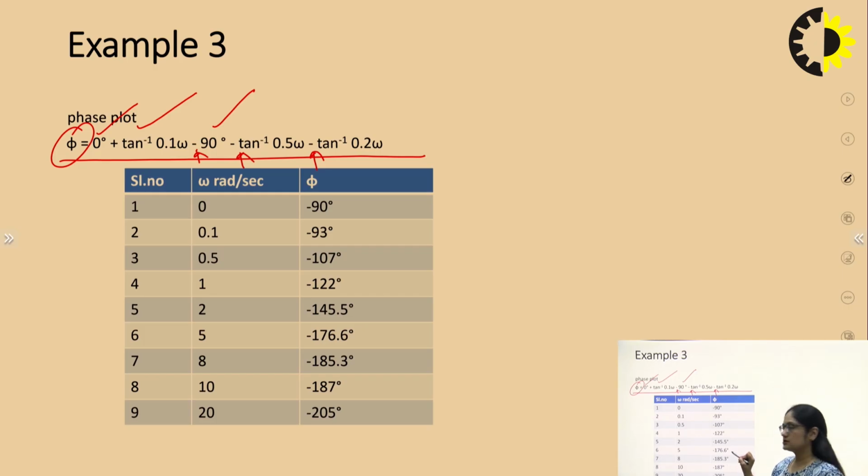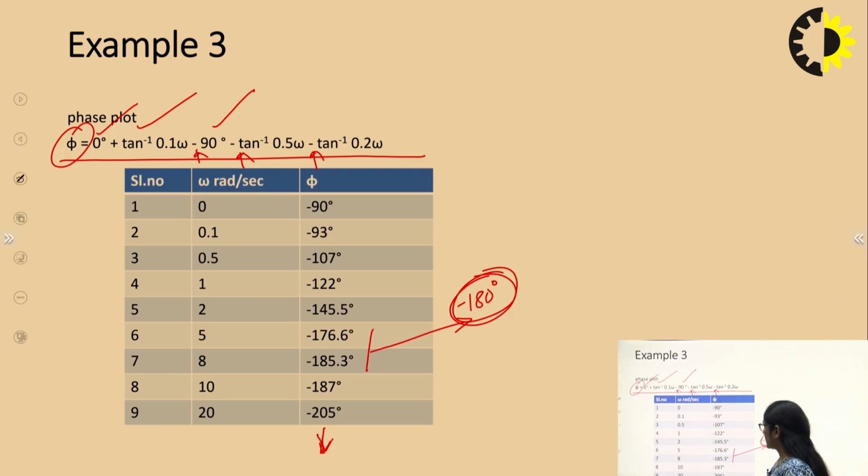We need to at least look for values crossing minus 180 degree. The table crossed minus 180 degree, because when the phase plot crosses the minus 180 degree line, we get the phase crossover frequency. You can take more values or you can stop, because once we are assessing the stability and we got this minus 180 degree mark, then the values chosen can be simply to sketch the plot.